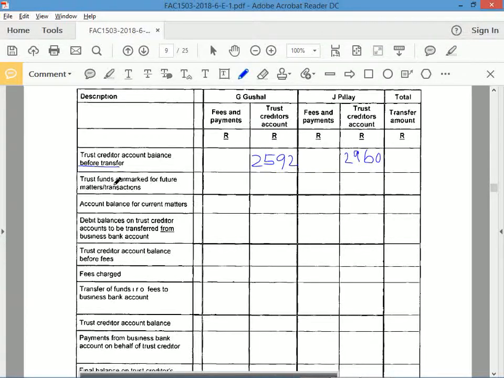Trust funds earmarked for future matters or transactions. Did you have any future matters or transactions? No, you didn't. So it will be a 0, a 0, a 0, a 0. Account balance for current matters would be how much you've got in the accounts. So that would be a subtotal, so we have to rewrite that total.